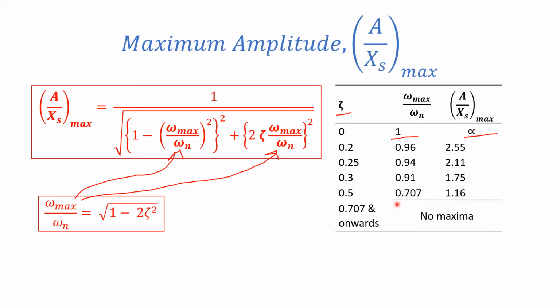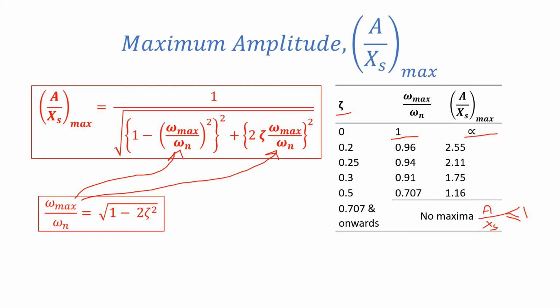No maxima is there, and the amplitude is always less than 1. Amplitude value A by xs is less than 1 for all, but for 0.707 it is equal to 1.